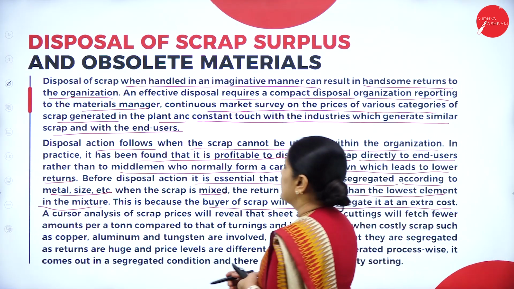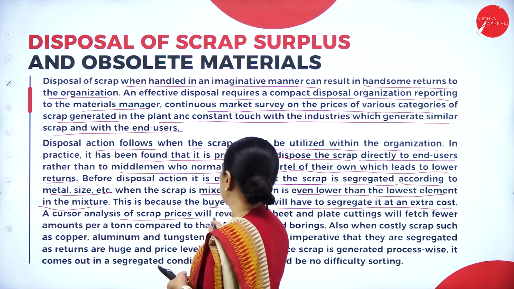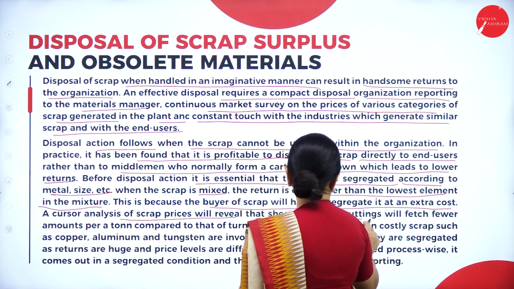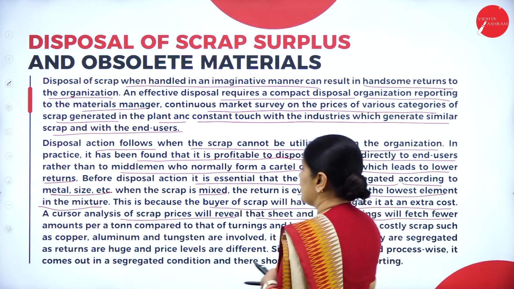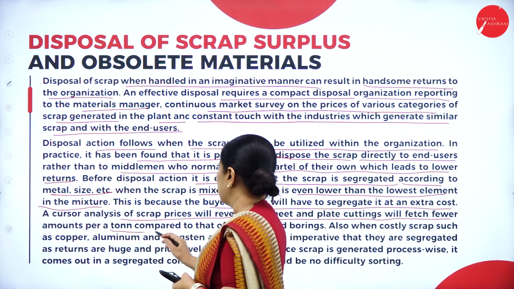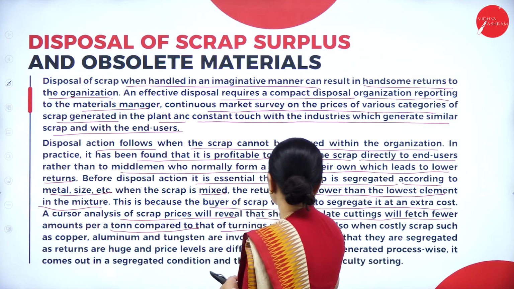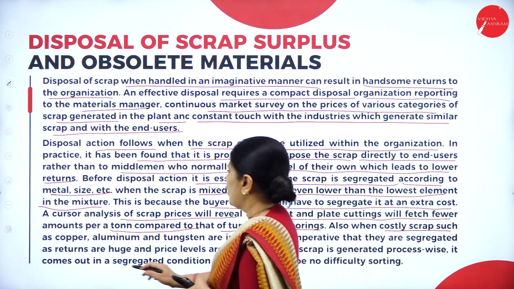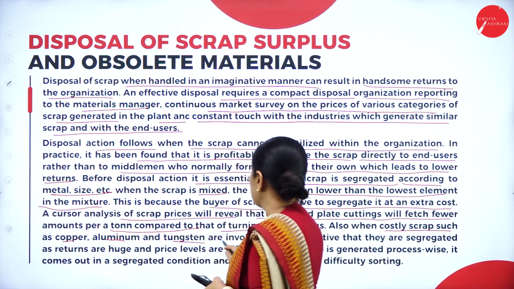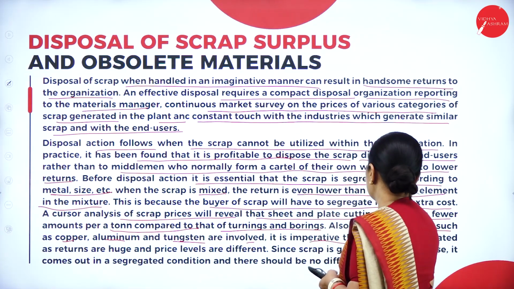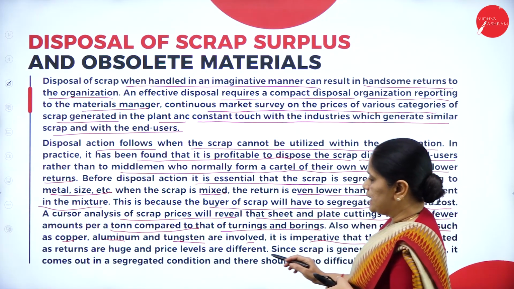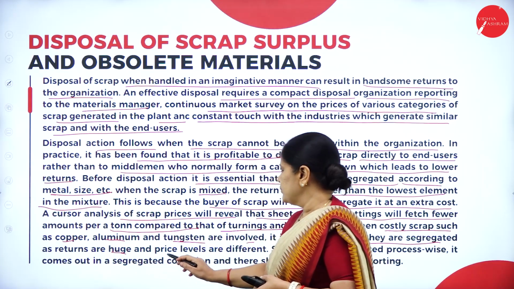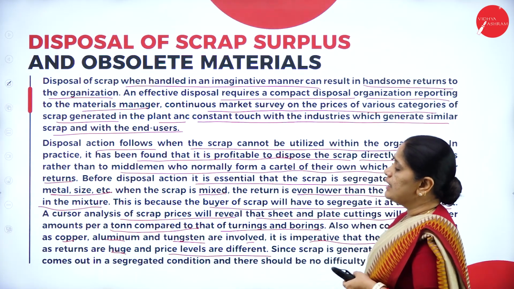A cursory analysis of scrap prices will reveal that sheet and plate cuttings will fetch fewer amounts per ton compared to that of turnings and borings. Also, when costly scraps such as copper, aluminium and tungsten are involved, it is imperative that they are segregated as returns are huge and price levels are different.